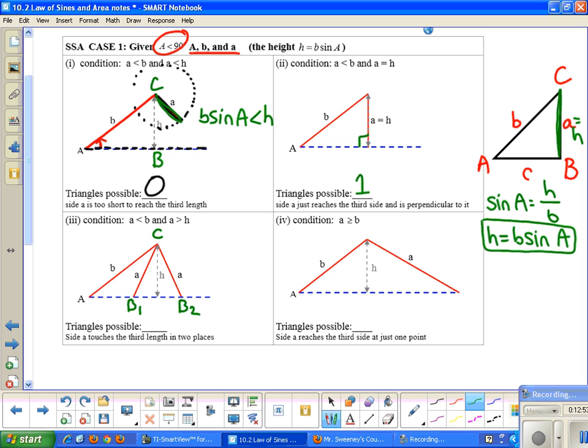For this triangle, notice that A is bigger than the height of the triangle, but it's less than length B. If that's the case, then you're always going to have two possible solutions. And when the given length A is longer than the height of the triangle and also longer than length B, there's always going to be one solution.